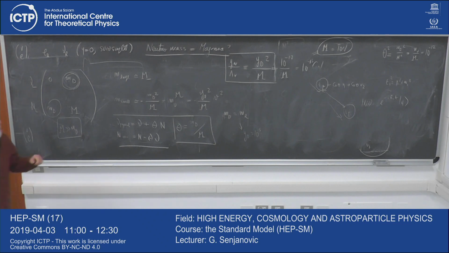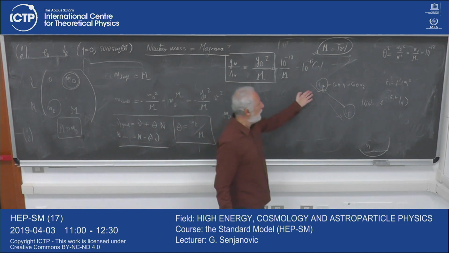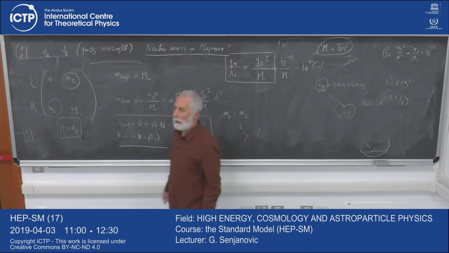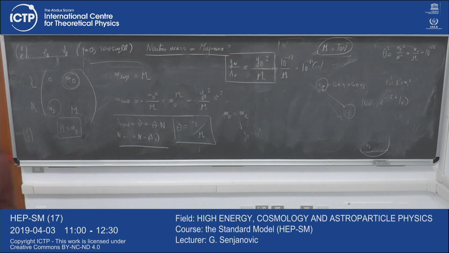In other words, if I want to see my Majorana nature in neutrino oscillation, I would have to oscillate neutrinos into antineutrinos. That we can imagine maybe to somehow study. That's an interesting challenge related to a question. What would be the way to really see Majorana nature except for neutrinoless double beta decay? Can we think of other processes?